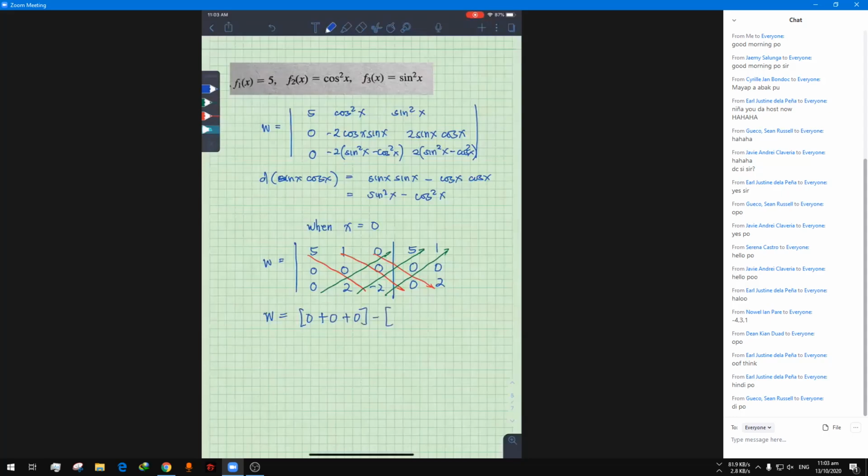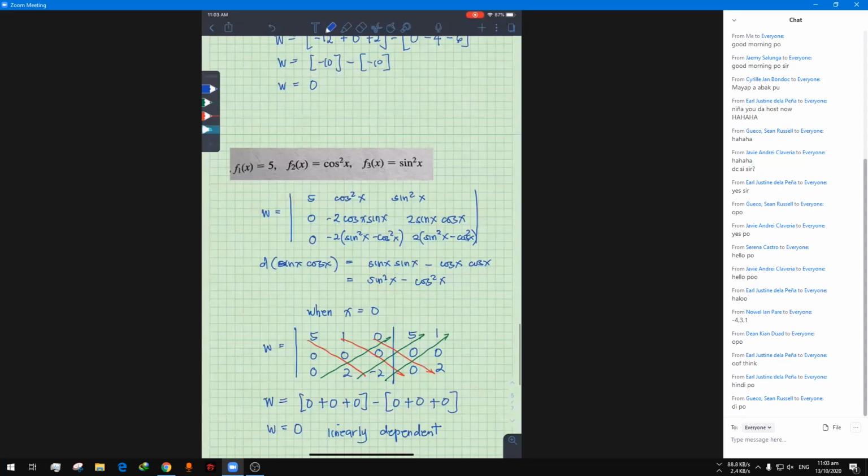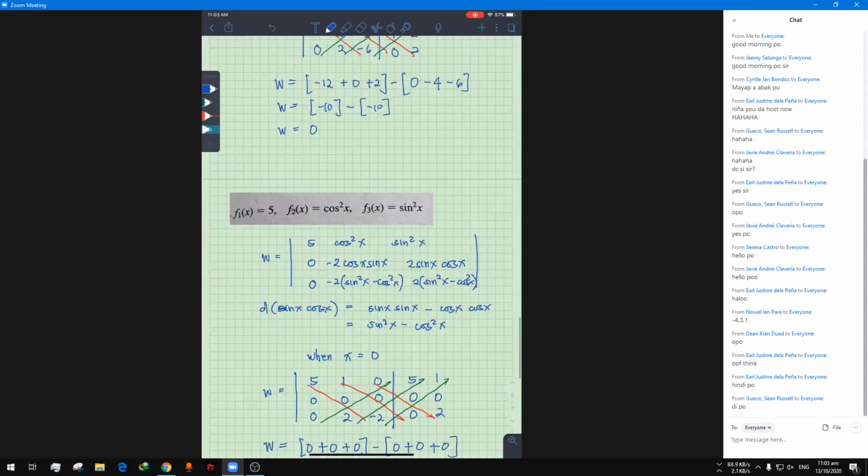Minus 0, 0, 0, 0. 2, 0, 5, 0. Negative 2, 0, 1, 0. Therefore, W is equals to 0. This is linearly dependent. So kamukha siya nung kanina. So linearly dependent.